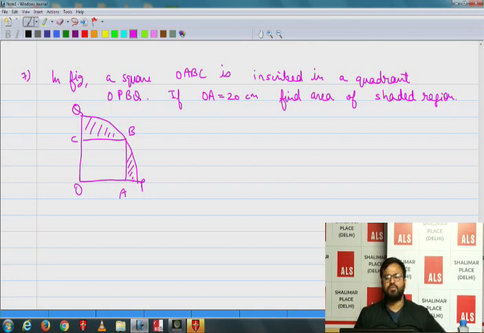Pi value you can put 22 by 7. Always remember, when nothing is given, you can always go with the 22 by 7.